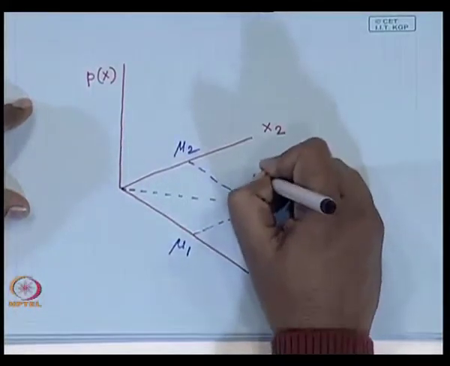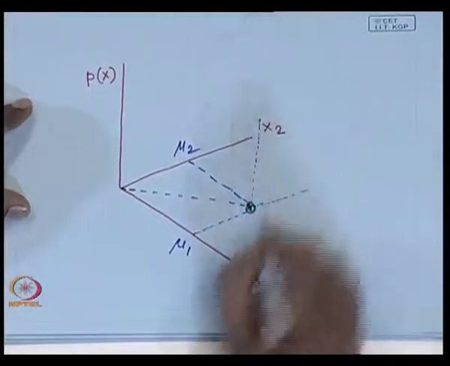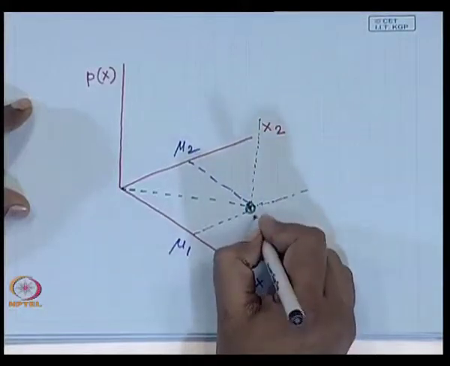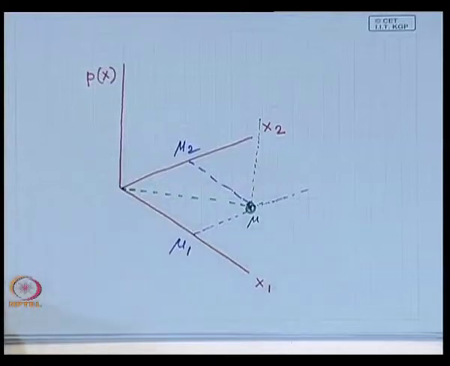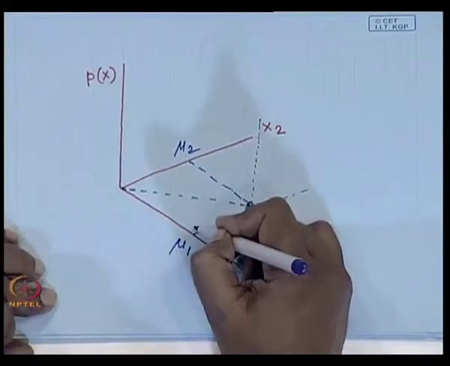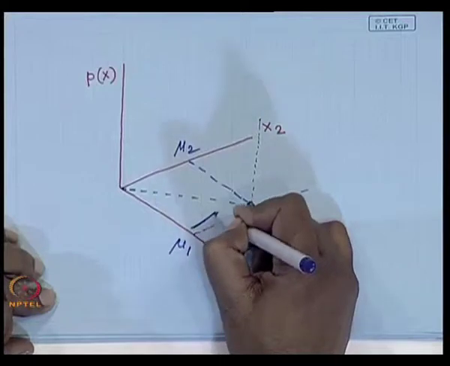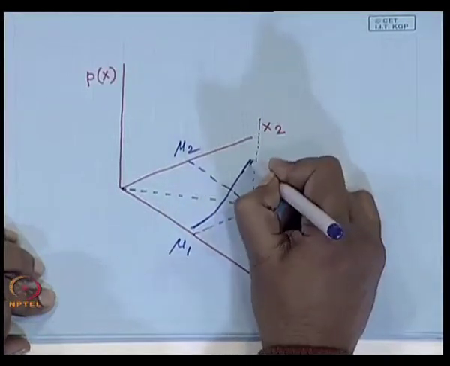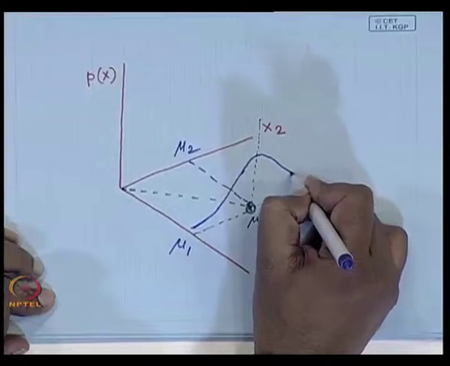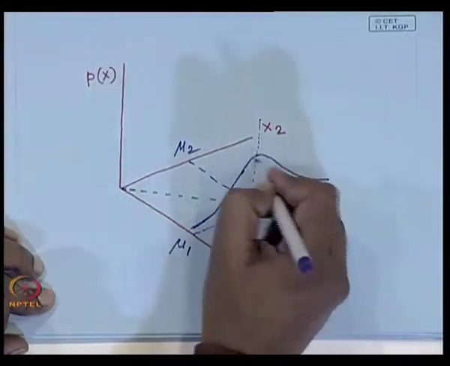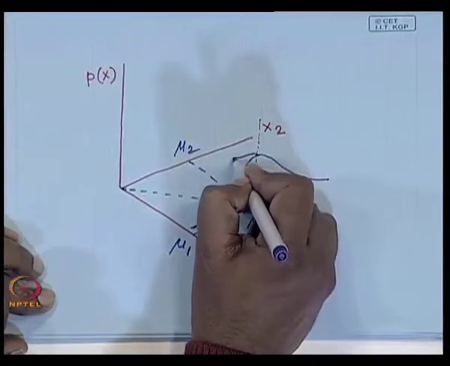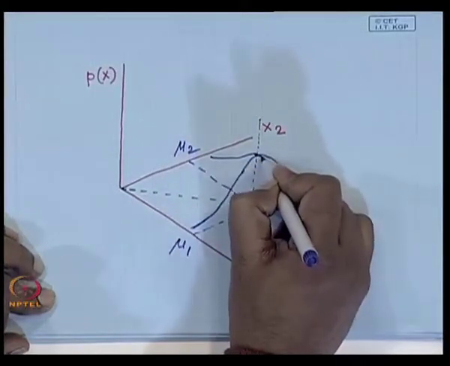I will have a peak of the density around this mean position mu, and I will have a Gaussian along this, and I will also have a Gaussian along this.